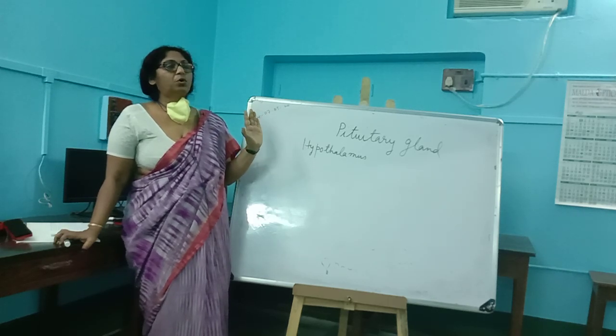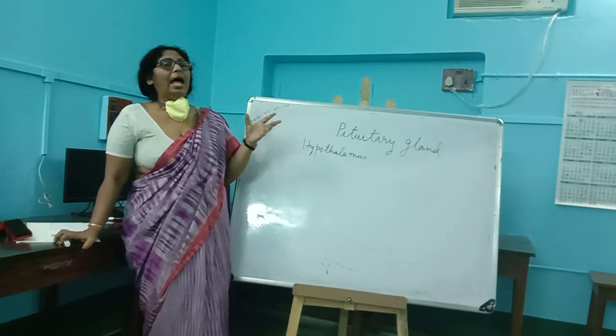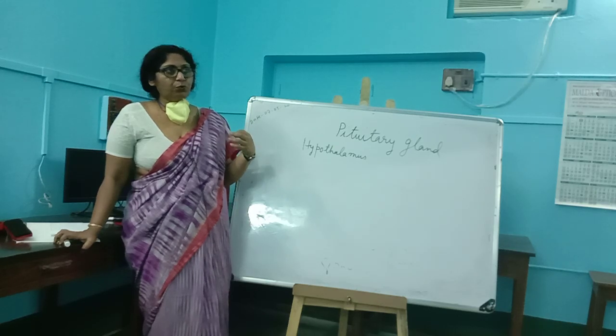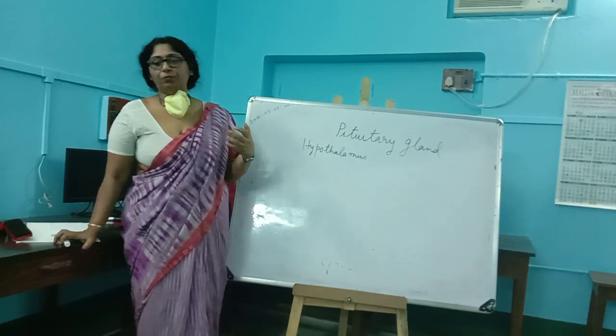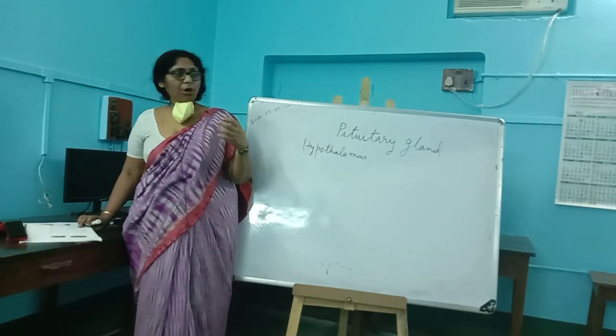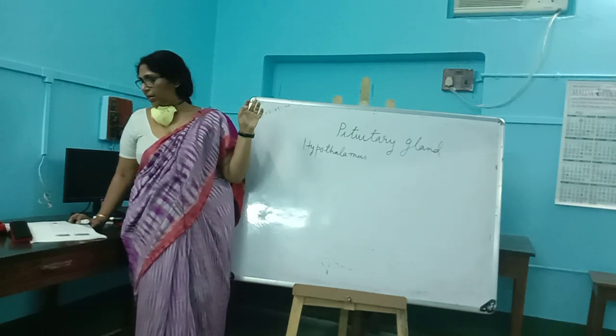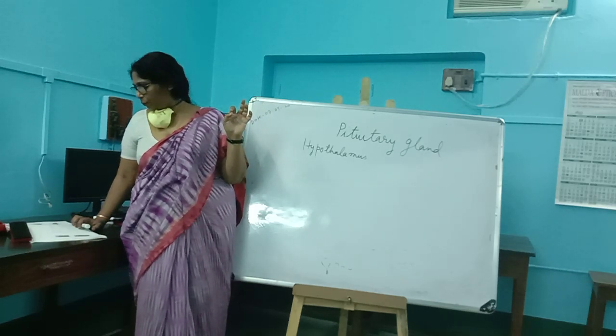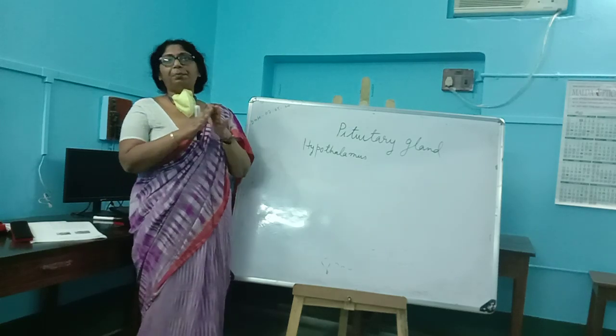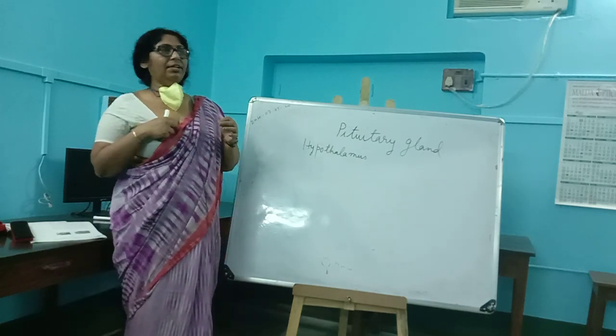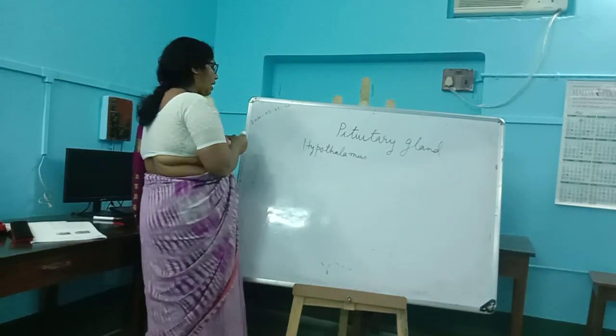Now it actually has 3 parts, and different types of hormones come out from those 3 parts or 3 lobes of the pituitary gland. In your book, they have just discussed a little bit about the hormones coming out from the pituitary gland. I will separate them under 2 heads.